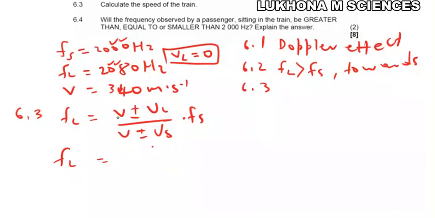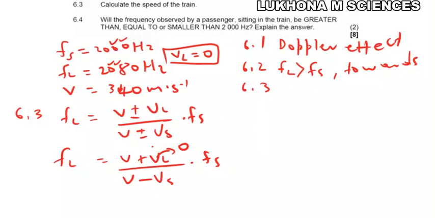So we have VL divided by VS times Fs. We want to choose the sign. This one is equal to 0, and this one is moving towards, it is irritating the listener. We put a negative here, which means here is positive, right?